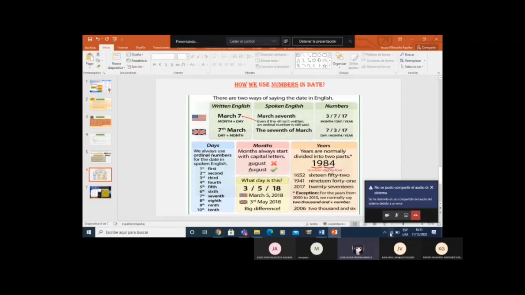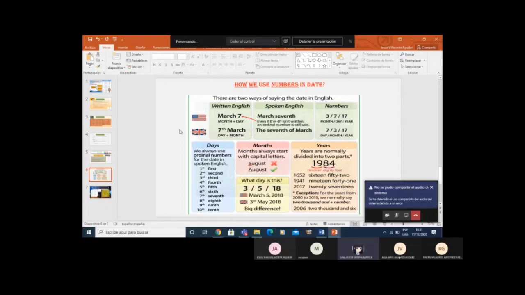And what can I tell you about the days? We always use ordinal numbers for the date in spoken English: first, second, third, and more. And the months always start with capital letters and not with small letters.